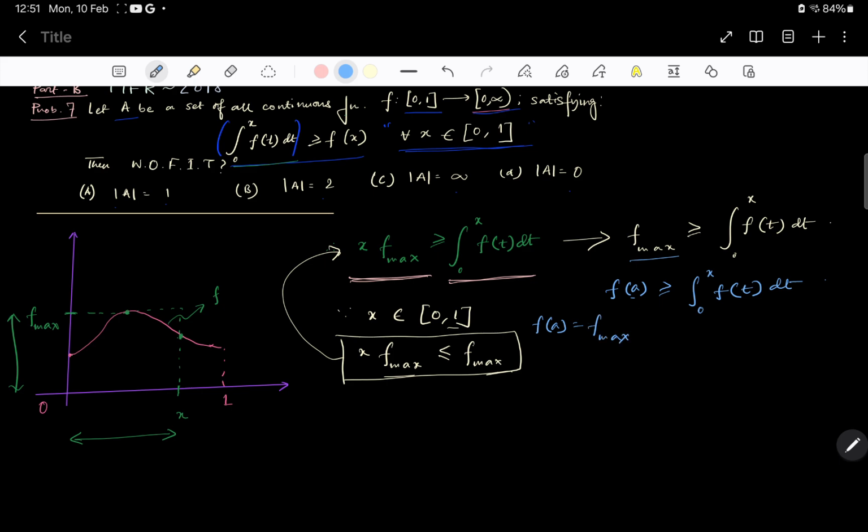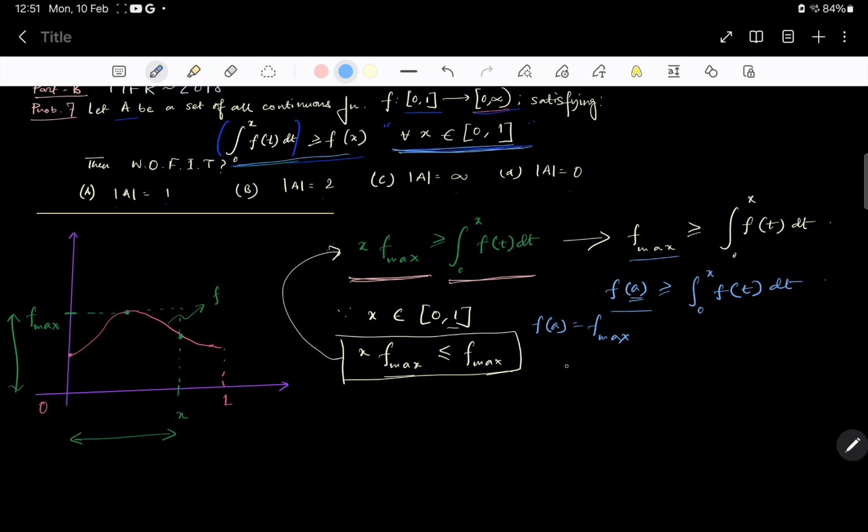I'm introducing this other variable to rewrite this statement. This statement says that this is true for all x belonging to 0 and 1.